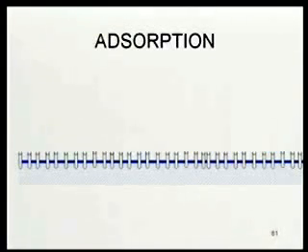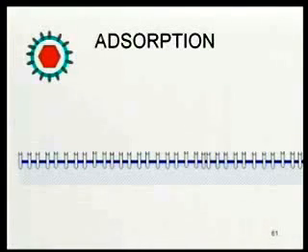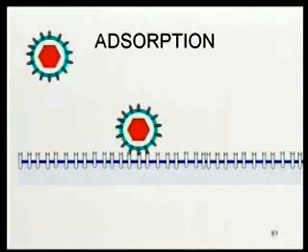Absorption. The virus comes, and it has an attachment protein on the outside of the envelope, if it's enveloped, or on the outside of the capsid, if it's not enveloped. That is always a protein because it has to be coded for by the virus. And it will wobble around until it finds the cell surface. It doesn't say, hey, there's a cell, I'm going to swim over to it. So it diffuses around until it finds the cell surface.